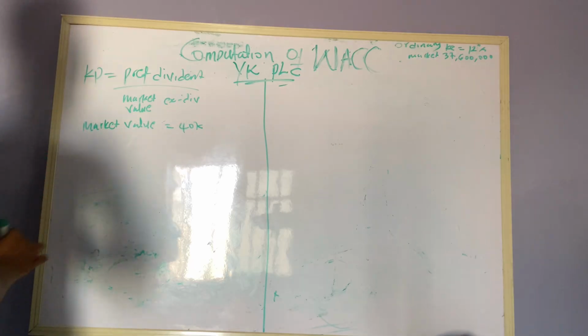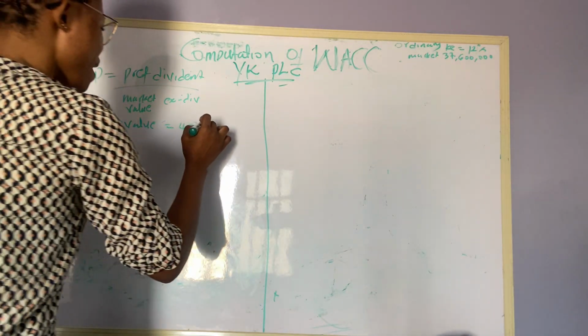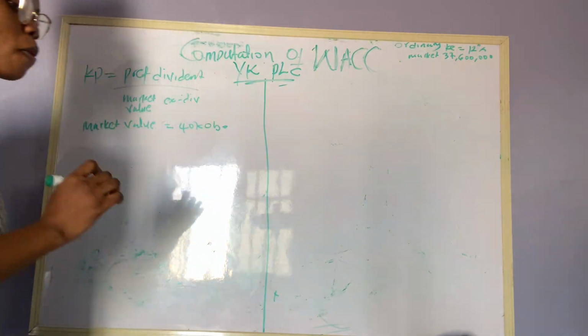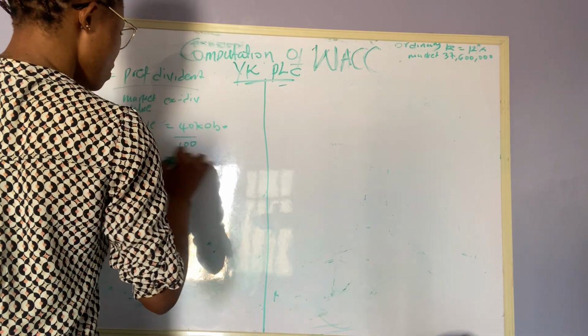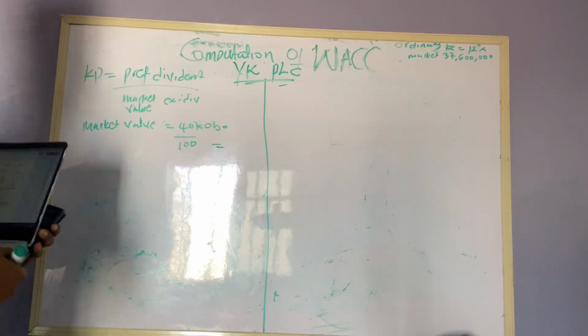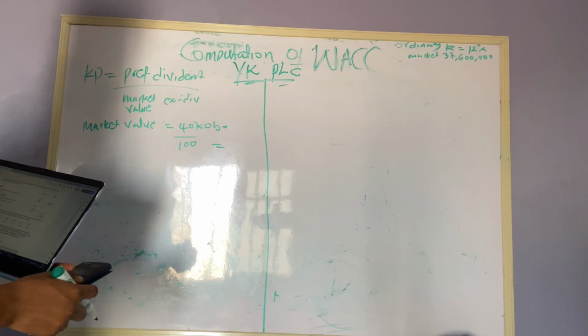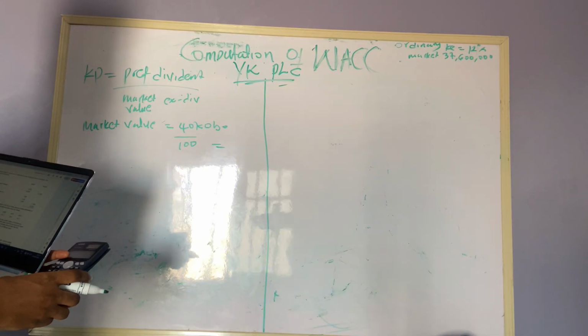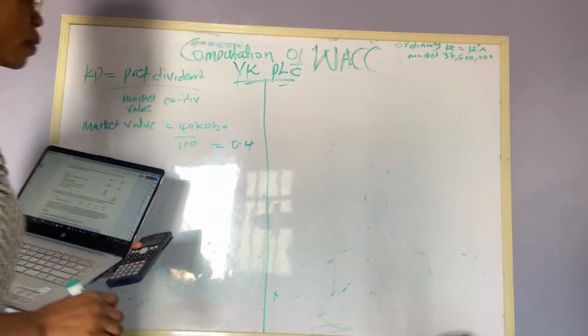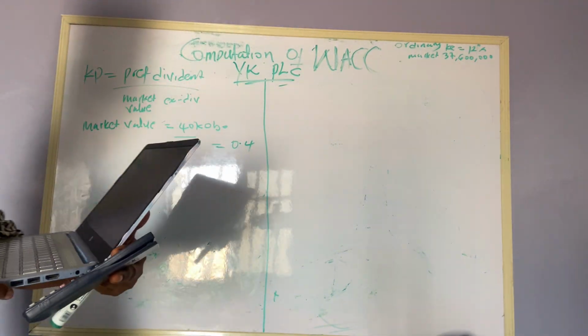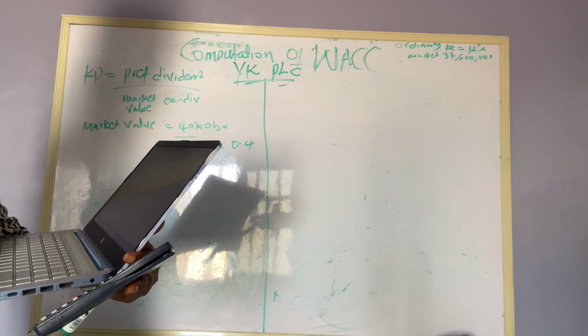You see this 40 kobo, we are going to divide it by 100. Remember, with anything kobo, divide by 100 so that it will give you your naira value. 40 divided by 100, so we have 0.4.